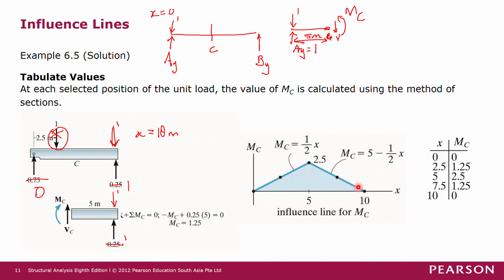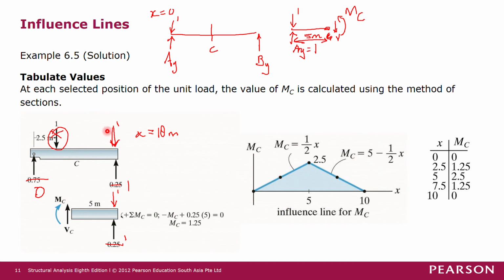This may look like a bending moment diagram, but it is not. This is an influence line for bending moment at point C, because we always cut across the section at C to get MC.